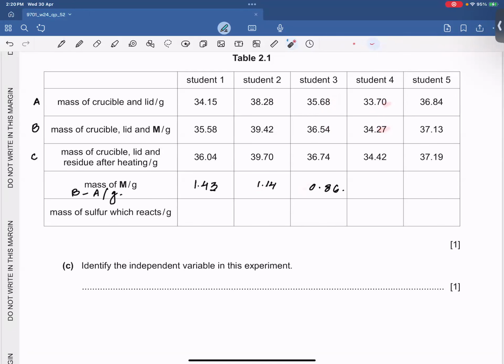Let's subtract these two values, 34.27 minus 33.7 is going to be 0.57. Then subtract these two values, 37.13 minus 36.84. It's 0.29.